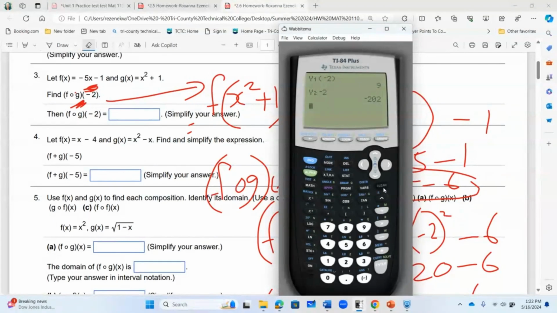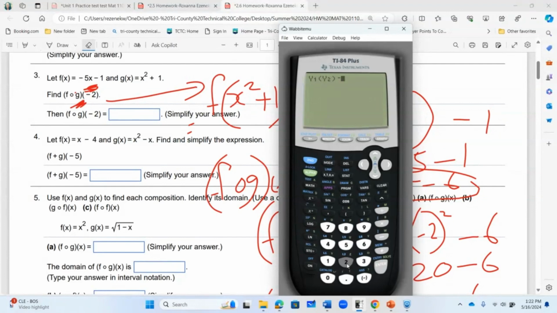So see, there's another way. So inverse function y1, and then I'm going to put in the other one, inverse function y2, evaluated at -2.